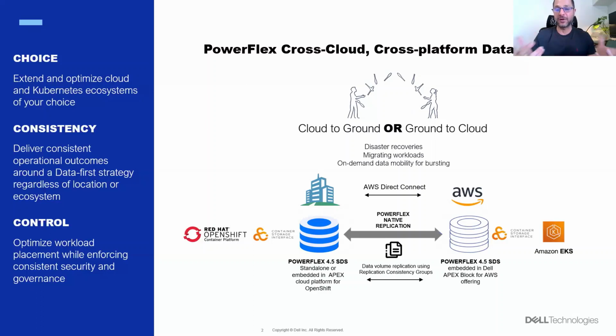It's not about a cloud first strategy anymore. It's about a data first or a cloud right strategy, and in that sense, you can actually deliver very consistent operational outcomes, again, regardless of location or ecosystem. Third is the control.